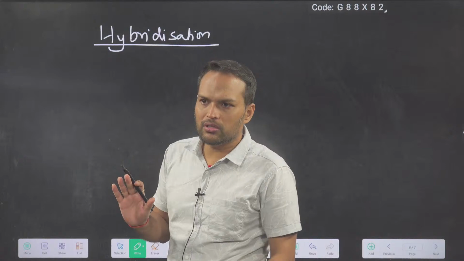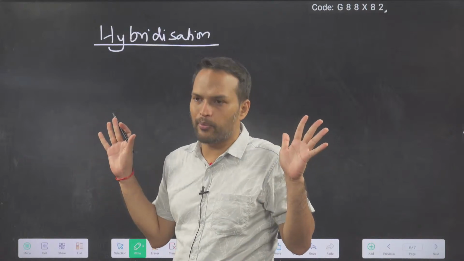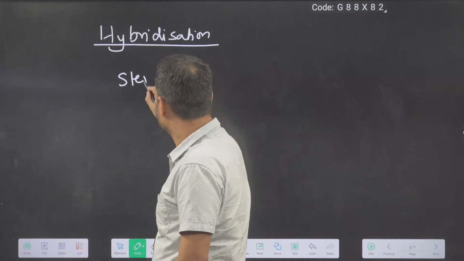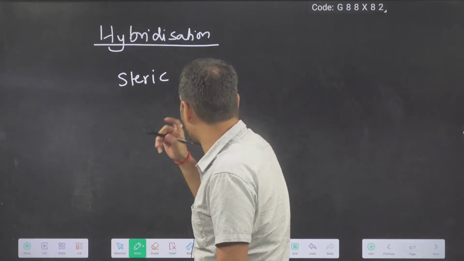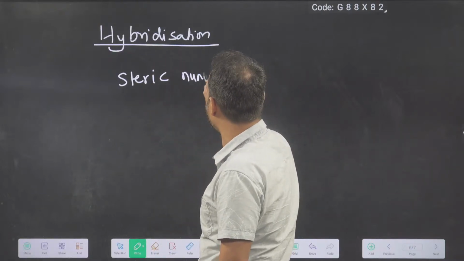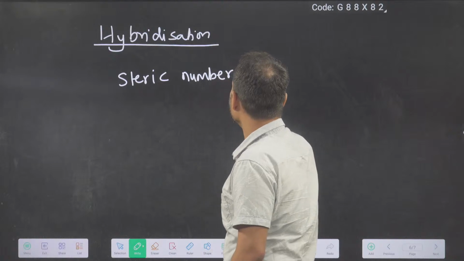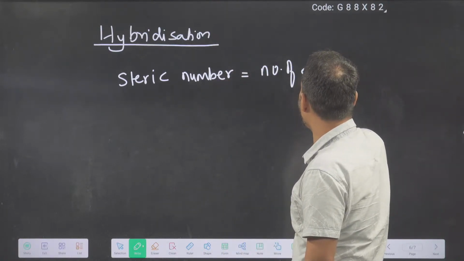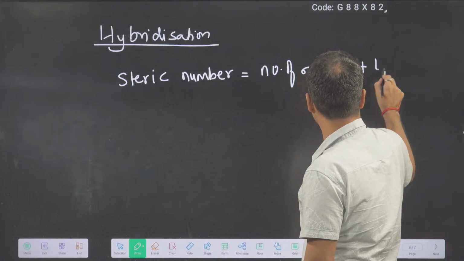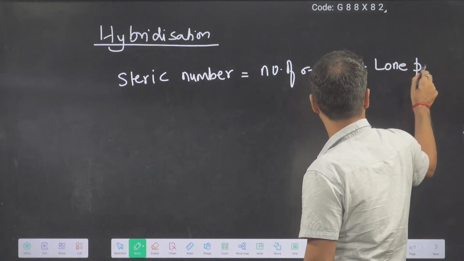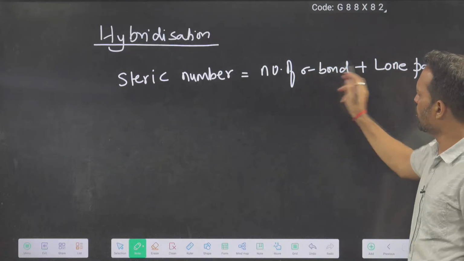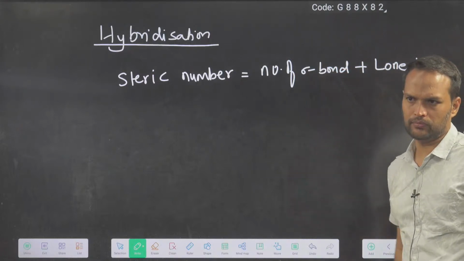Now we are not going to study what is hybridization, what are the points for hybridization. No, not that thing. First of all, we will write one number that is known as steric number. Steric number is number of sigma bonds plus lone pairs. Means there is no role of pi bond.